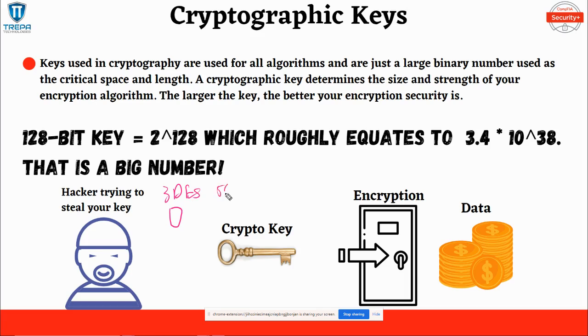We have a 56-bit key, 128-bit key, or 192-bit key. The larger the key, the more robust the encryption is because of how many times it's going to be encrypted by that larger key. So that's the importance of these keys. A crypto key is different in bit size.